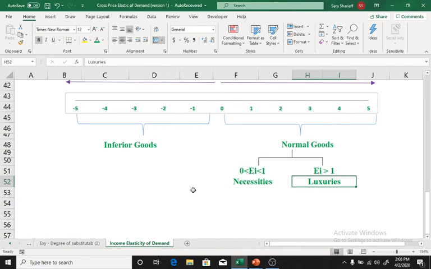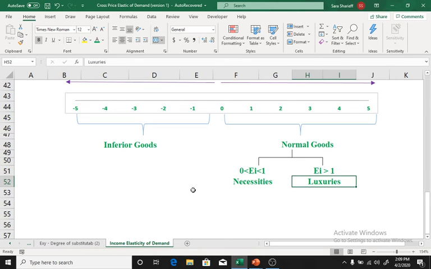In case of luxuries, there are two reasons to interpret why income elasticity is greater. Reason number 1 is, in case of luxuries, the assumption is that we were not already consuming it before our income increased. So now when our income increased, we started purchasing more and more units of a luxury item.